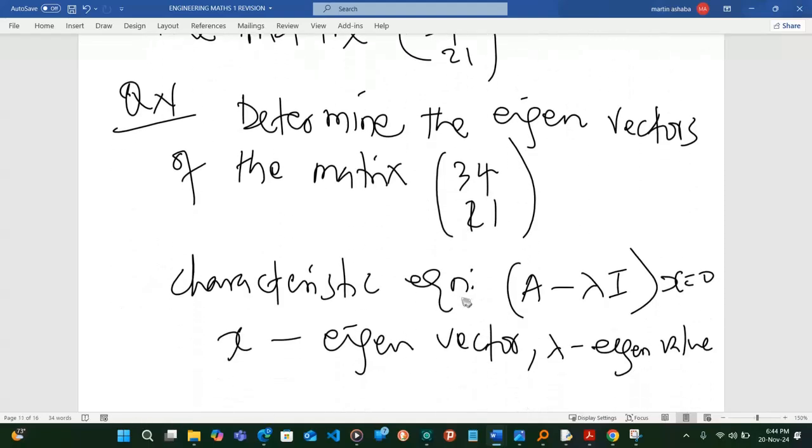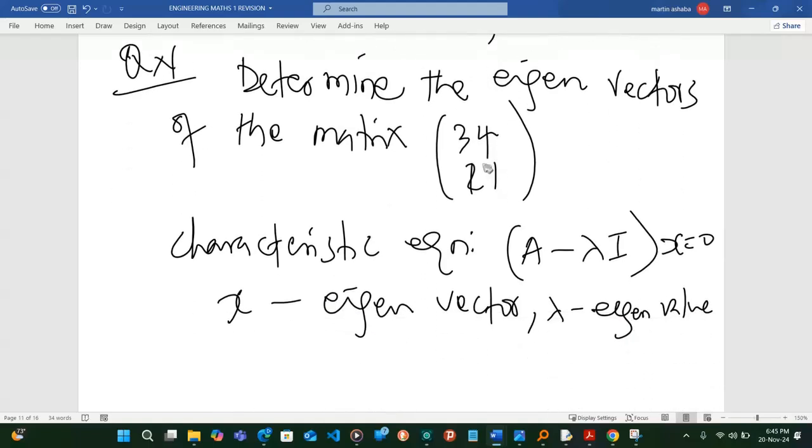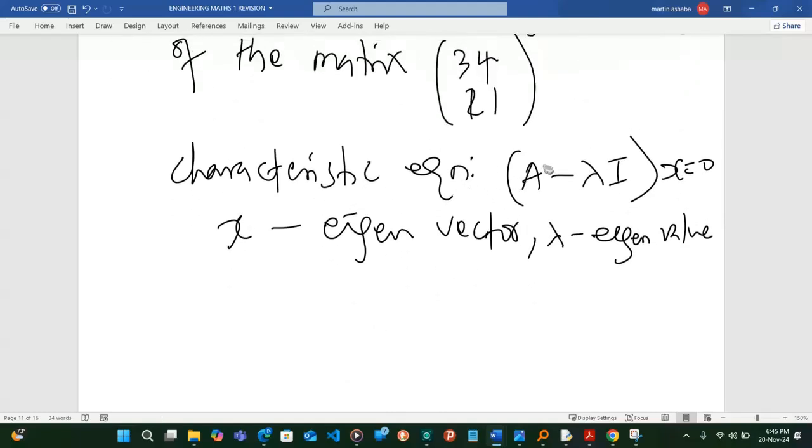Now we are requested to determine the eigenvectors of this same matrix. So 3, 4, 2, 1. We have already obtained the eigenvalues, but now we need the eigenvectors. Now, we are going to use the characteristic equation again, this one minus that.